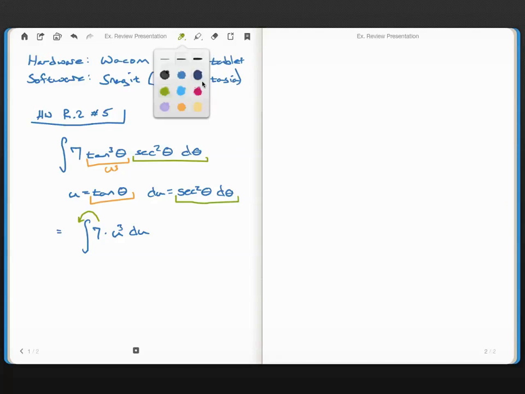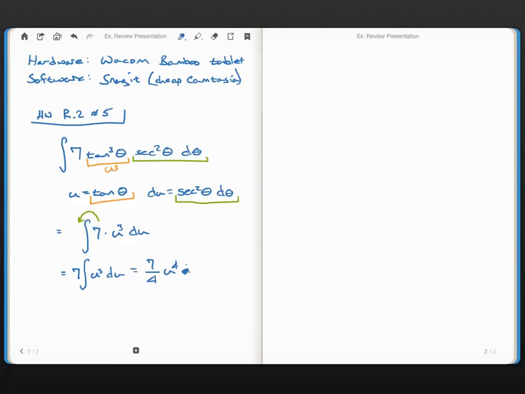So that goes back to this equals 7 times the integral of u cubed du, and I know my power rule, simply raise the power by 1, divide by that, so it becomes 7/4 u to the 4th.